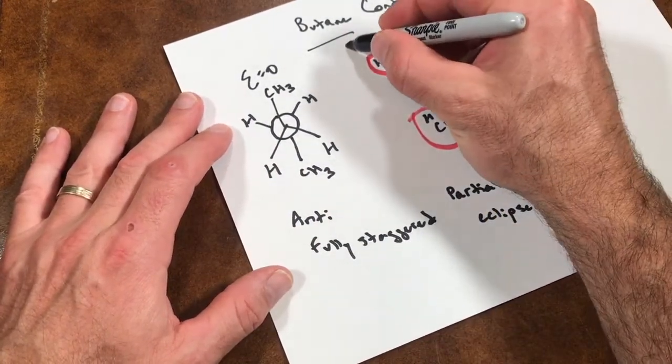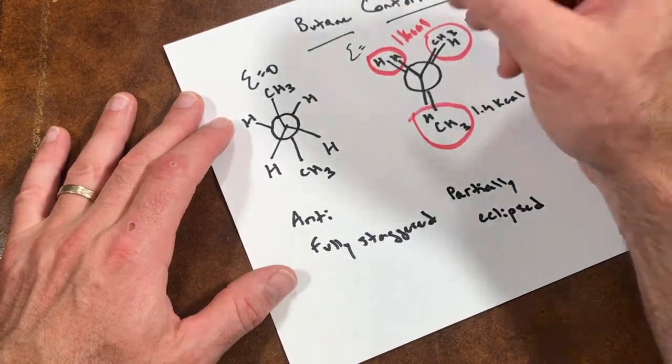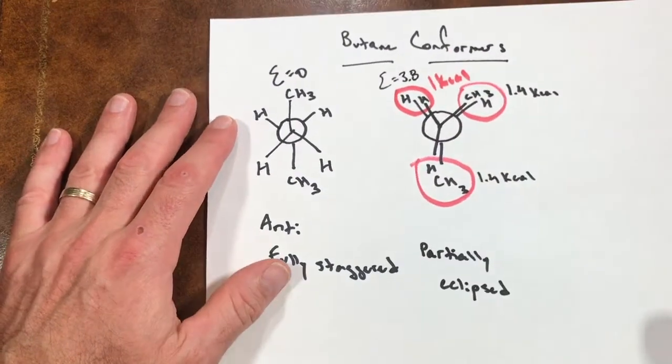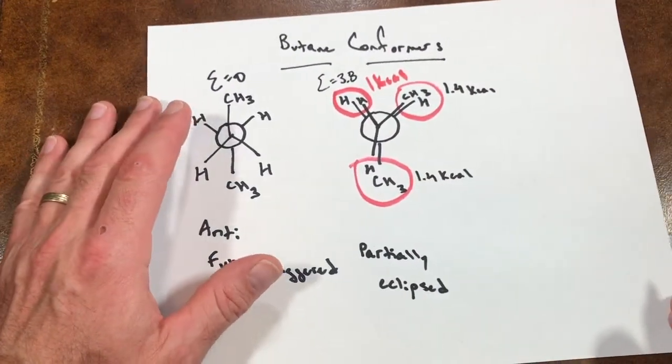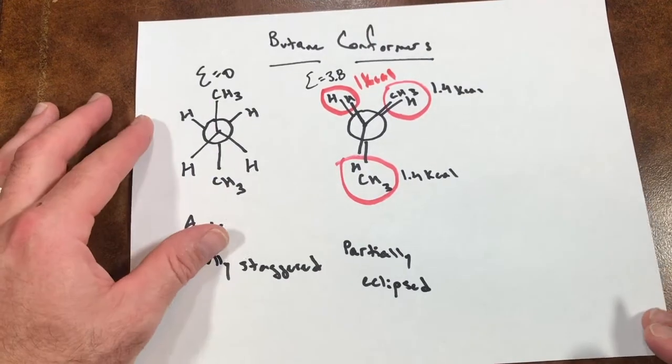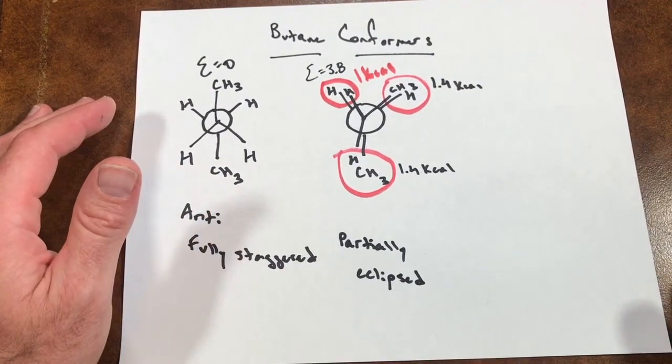I guess I'll put it up here because I put the other one up there, of 3.8 kcals per mole. I'm squeezing everything together, so the units are going to have to be left off of that number. Don't tell any physicists that I did that.